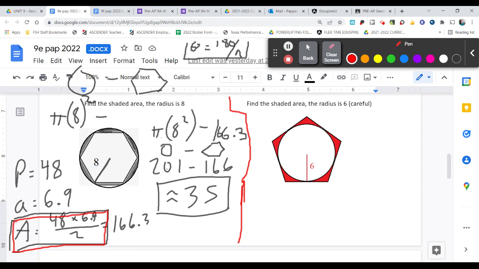The C notes gave us a side of 8 and an apothem of 6.9, given that the radius was 8. So we needed to use those to get the area of the hexagon. Perimeter being 48, apothem being 6.9, so 48 times 6.9 divided by 2. The hexagon area was 166.3. Y'all with me there?